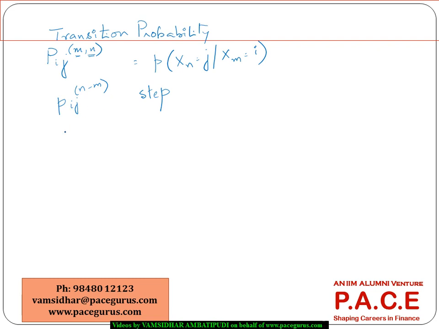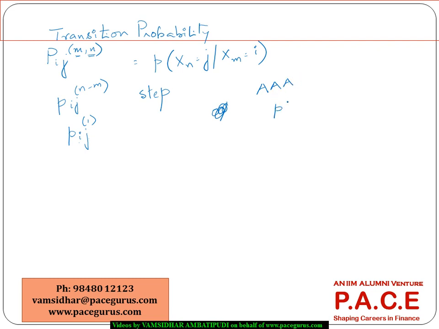For each step, Pij is called the one step transition matrix, means within one time period, what is the chance of moving from state I to state J? So it's as good as saying a particular company today is operating at AAA credit rating.